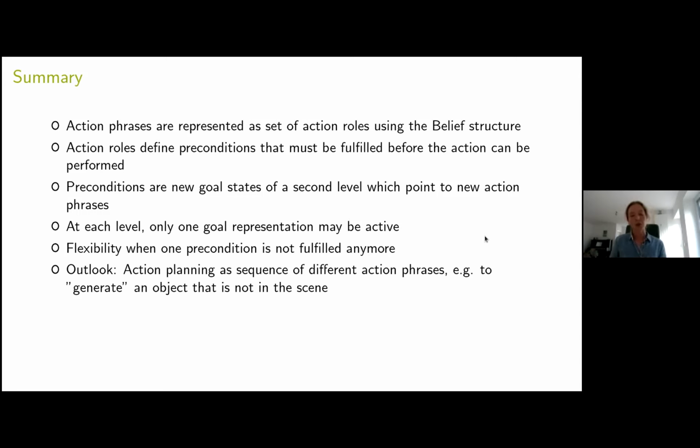And as an outlook, we now would like to do actual action planning as a sequence of different kinds of action phrases. And we have different kinds of action phrases when different objects are involved in the action. So, for instance, maybe the robot needs the red figure to place it on the speaker to hear a desired music, but we only have blue figures in our scene.